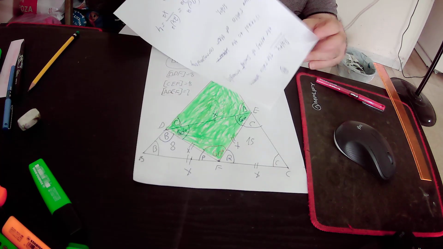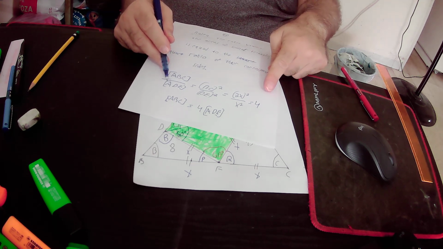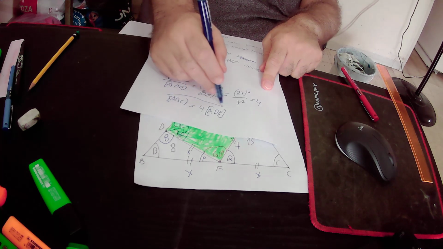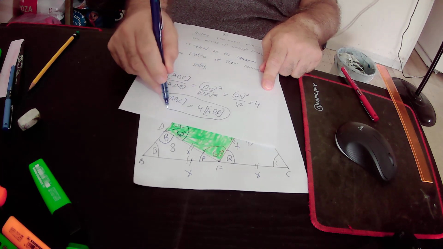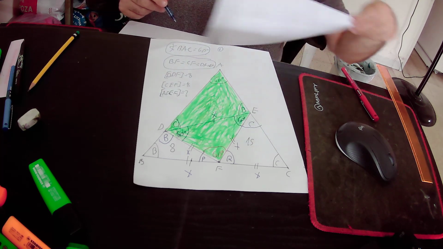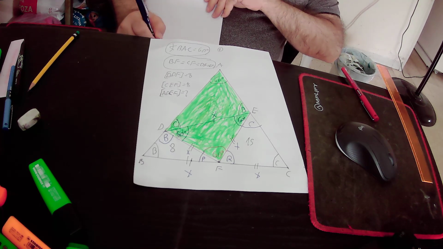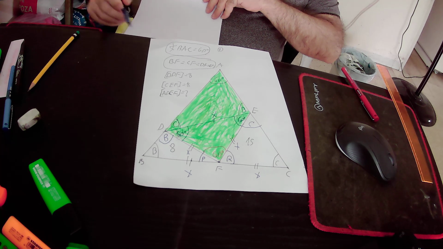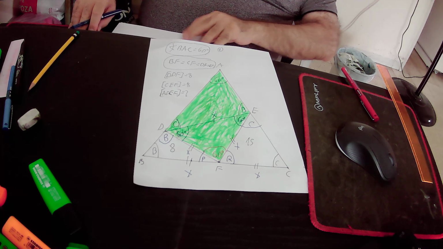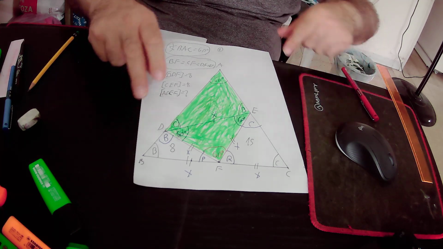Okay, I multiply this equality by the area of triangle ADE, so we got this equality that states that the area of triangle ABC is 4 times bigger than the area of triangle ADE. Okay, so in the next step we will find out the area of quadrilateral BDEC.